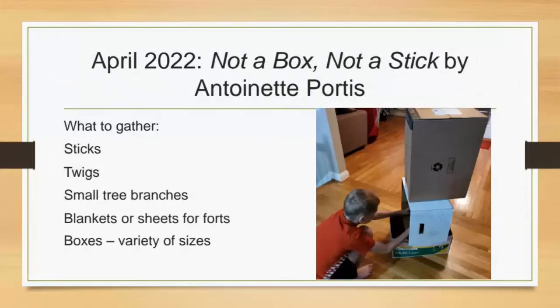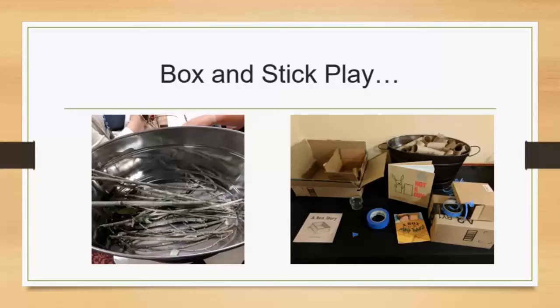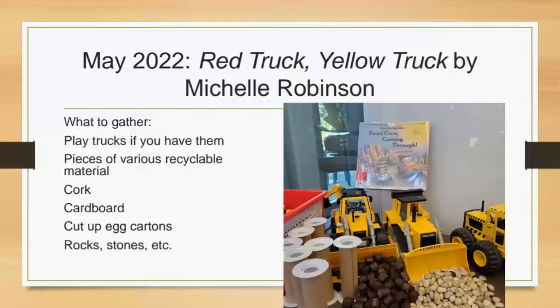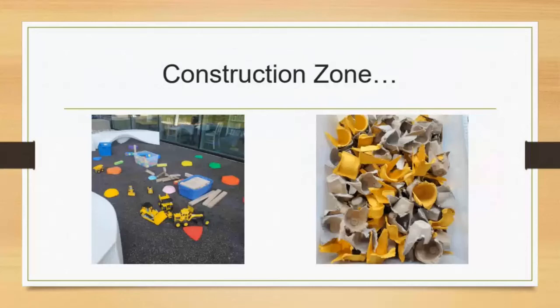We just gathered those things. In May, I did a construction zone edition. I have a bunch of play trucks, and we used little cardboard pieces and stones and rocks, and a bunch of egg cartons cut up are great pieces for playing with trucks.